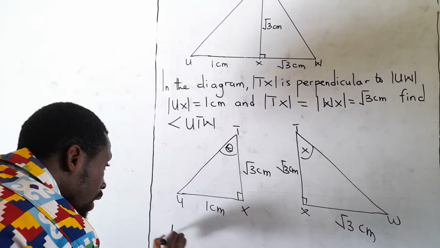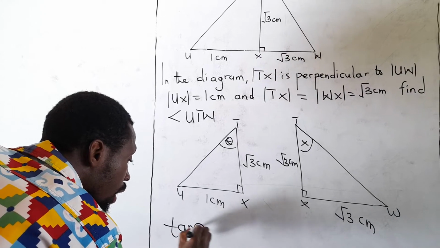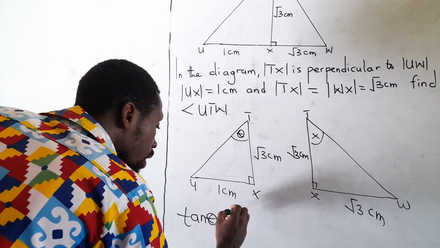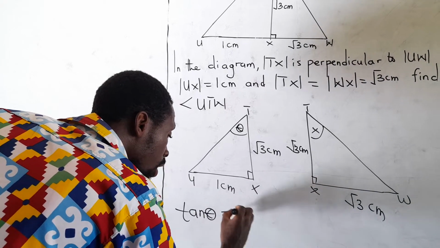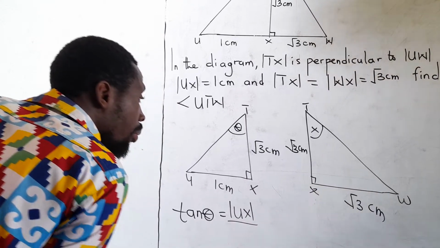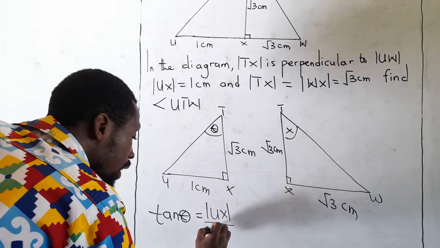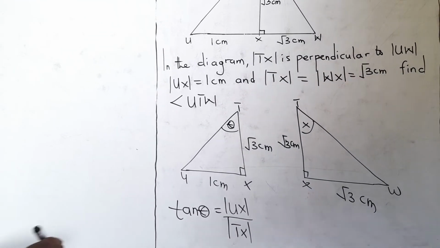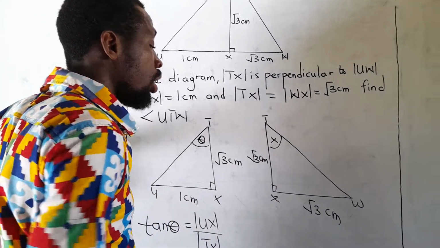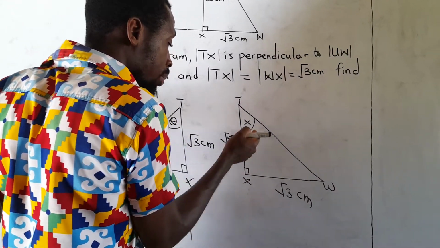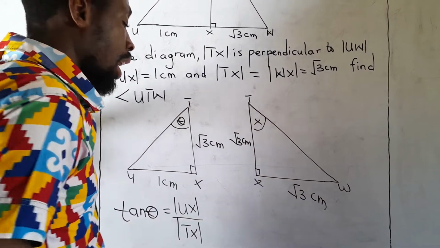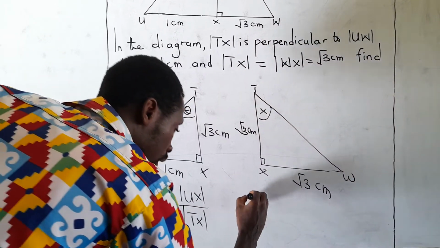So I can say tan theta is equal to my opposite, that's UX, over my adjacent, that's TX. Also, when I come here, my XW is my opposite and my TX becomes my adjacent. So I'll use tan there.